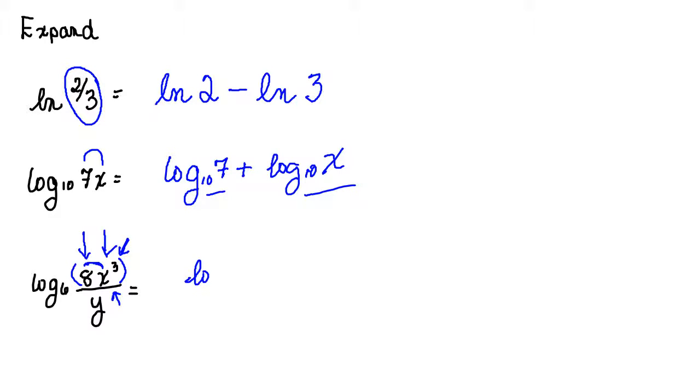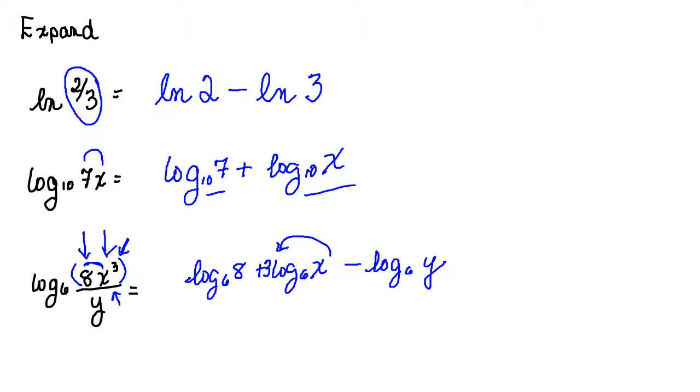So I'm going to go log base 6 of 8 plus log base 6 of x, and I'm going to take that power of 3 and throw it out in front of the logarithm there. And then I'm going to go minus my log base 6 of y.